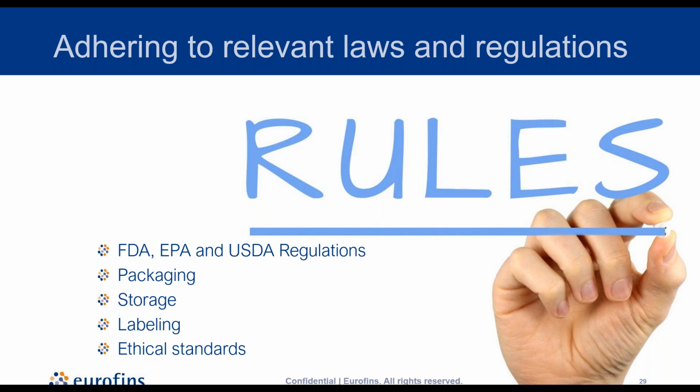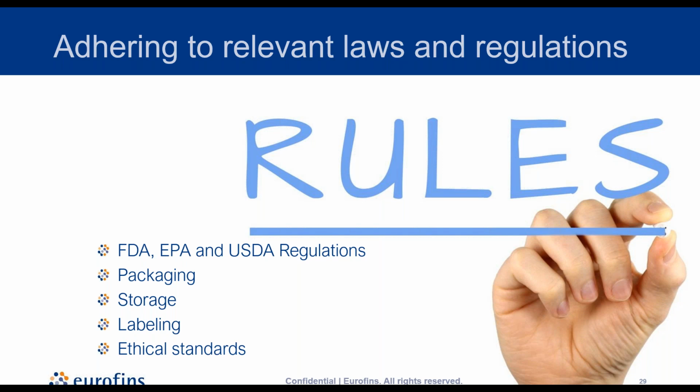Regulatory agencies such as the FDA and EPA provide guidelines and standards that guide sponsors and producers in the products that they produce. Failure to comply with these regulations can result in serious consequences, including legal action, fines, and reputational damage.